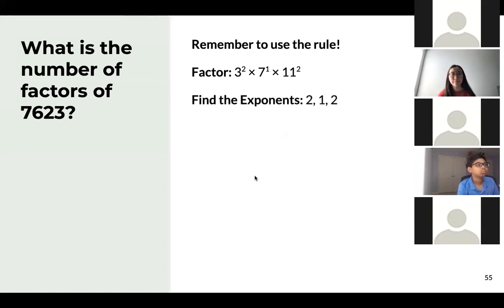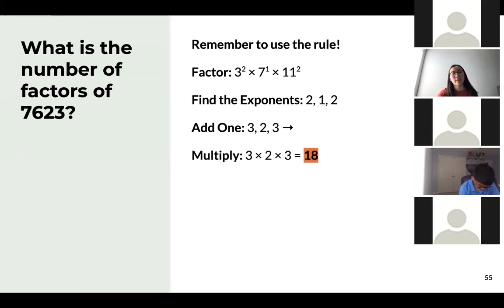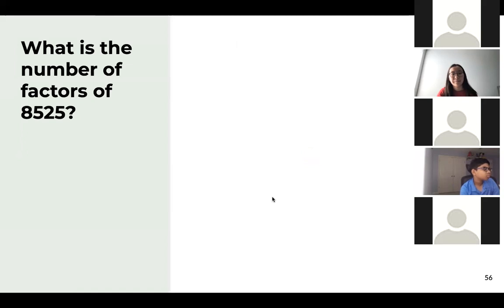Yep, great. Exponents are 2, 1, and 2. If you add 1 to them, you get 3, 2, and 3. And then multiply together, that gets 18. Okay, we have a lot of examples here just to really pound it into your heads.